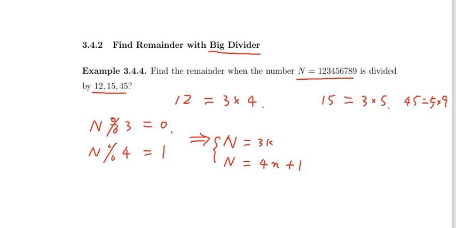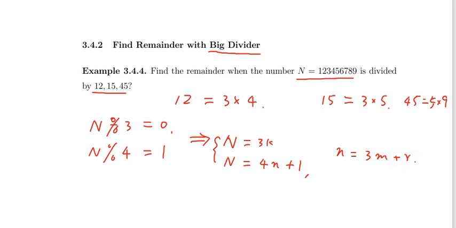Okay, so we want to find n divided by 12. The key idea is, for this n, we just check. Let's say we write n as 3m plus r.